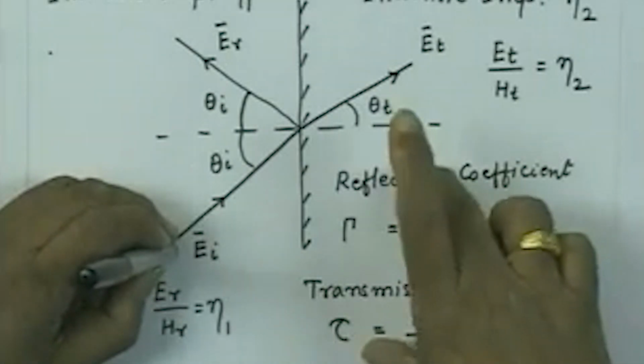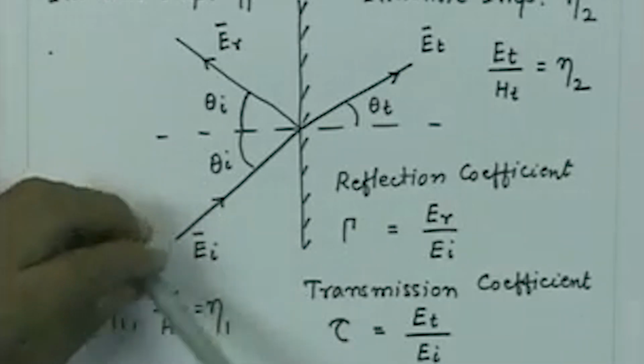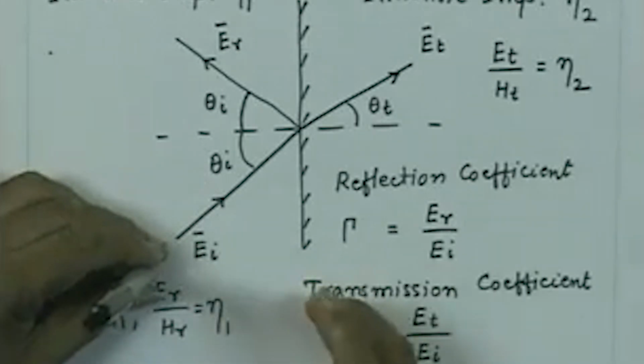So, we have to find out these quantities for these two cases, for parallel polarization and perpendicular polarization, and once we get that, then we can get the total characteristic of a wave which is polarized at an arbitrary angle with respect to this plane of incidence.